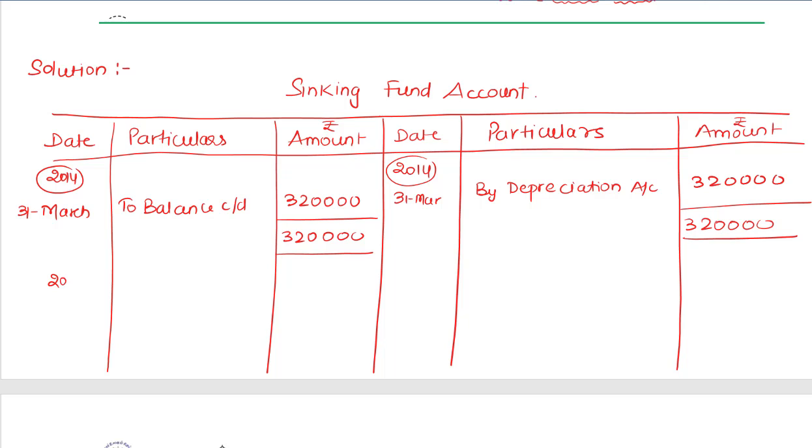In the year 2015, on 1st April 2014, by balance brought down, 3,20,000, from the debit side to the credit side.